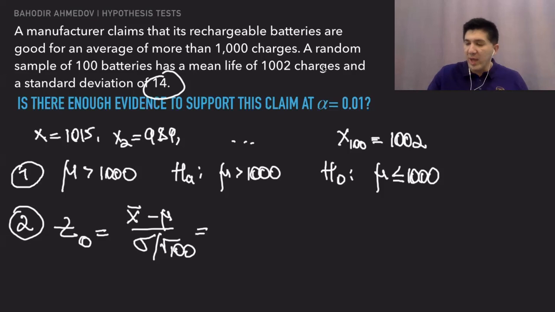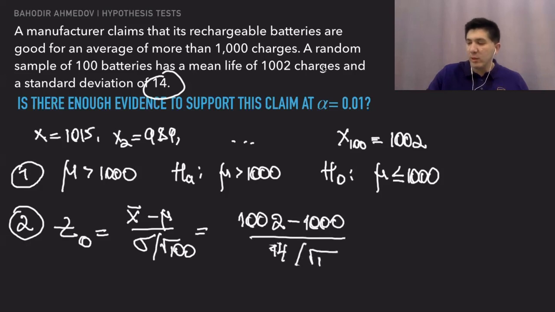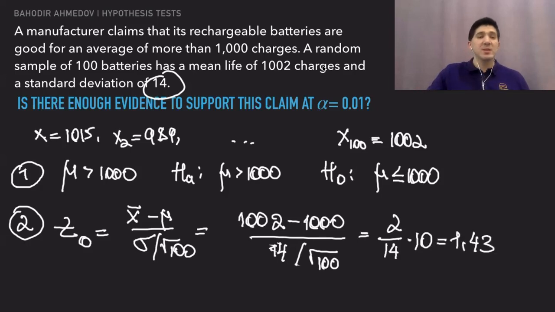The x bar, the mean of the sample, is 1,002, minus mu, which is 1,000, divided by sigma, which is 14, divided by the square root of 100, which is 10. So this is 2 divided by 14 multiplied by 10, which is roughly equal to 1.43. This is the test statistic.